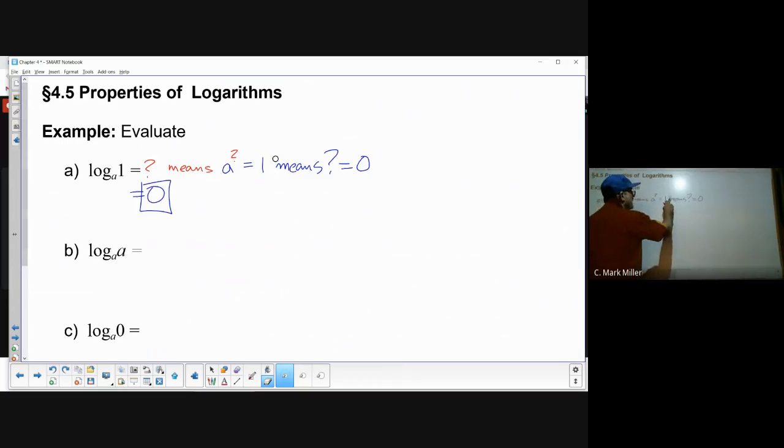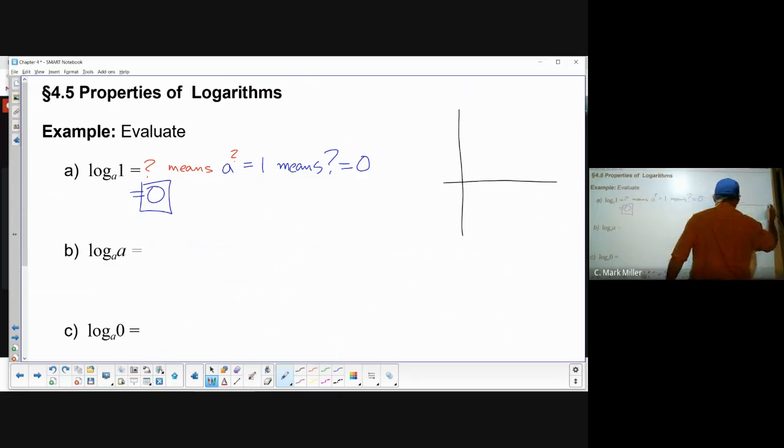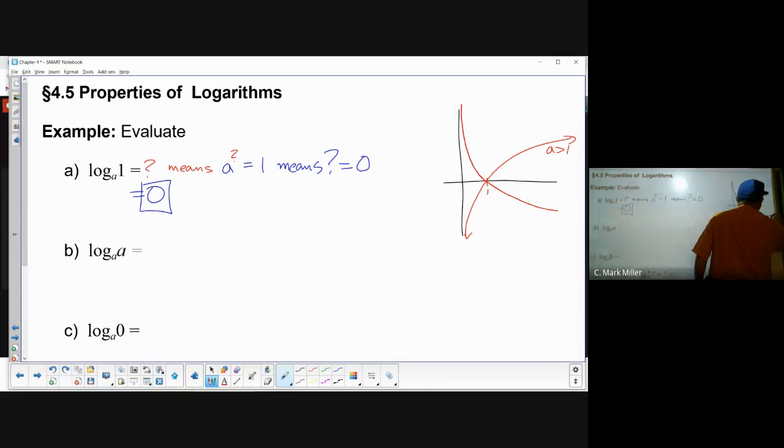Now, if you remember and you took time to prepare in what the graphs of logarithmic functions look like, you remember that log functions, what were their graphs? It looked like this if A was bigger than 1, and it looked like this if A was between 0 and 1.